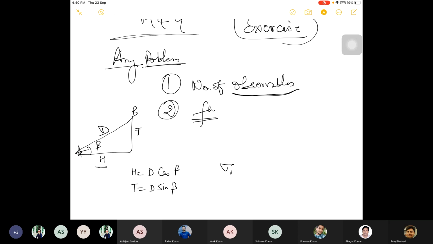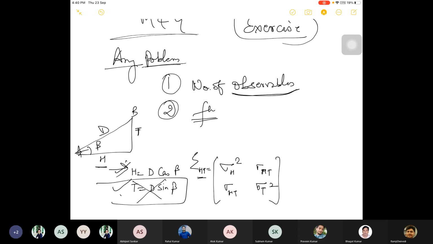And if I had asked you to give sigma h square, sigma t square, sigma ht, you would have combined them as ht, instead of writing hh. You got the point? You have to form two functions, 1 and 2. But in that case, I asked only one, this one. That's why you wrote only one function. Rest is same.